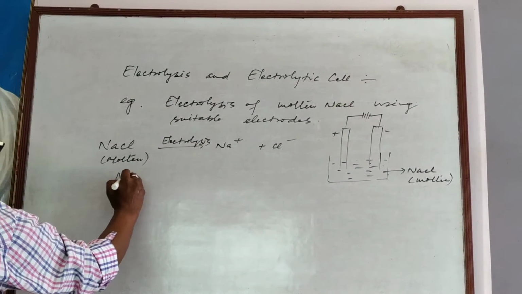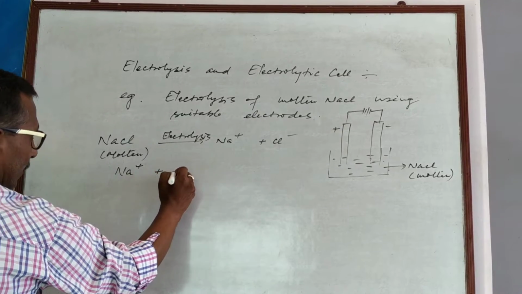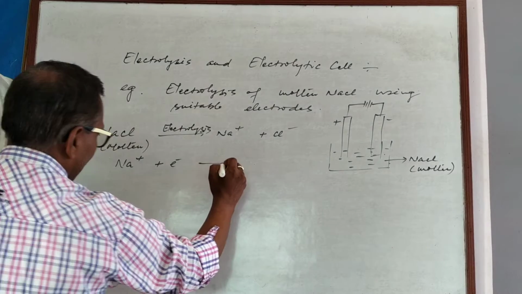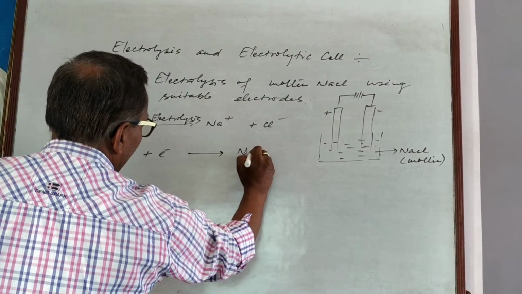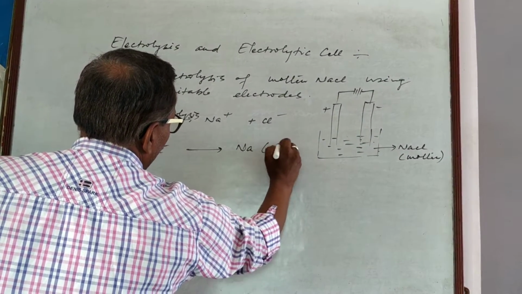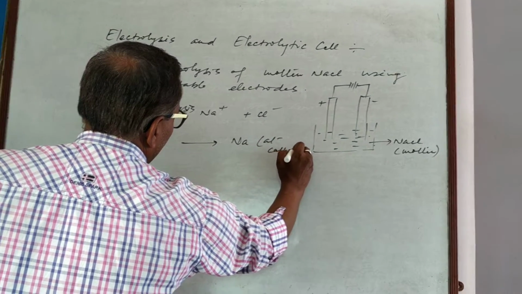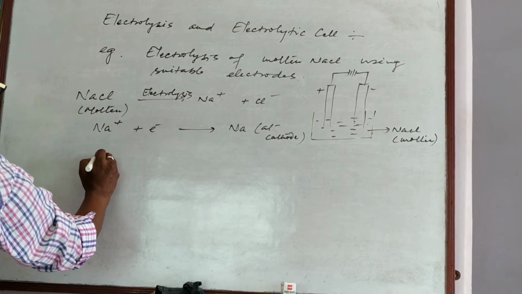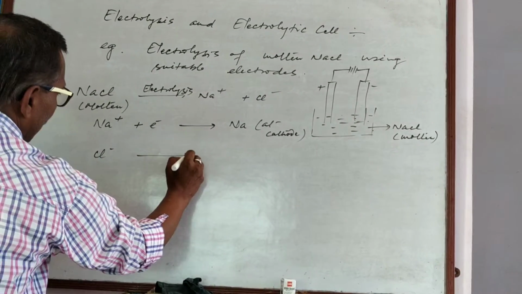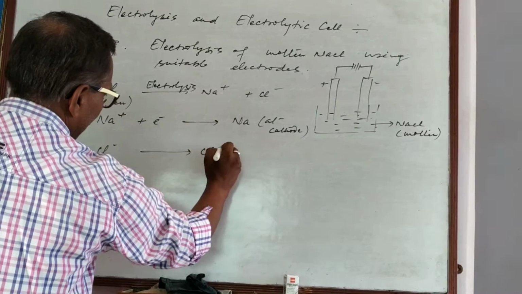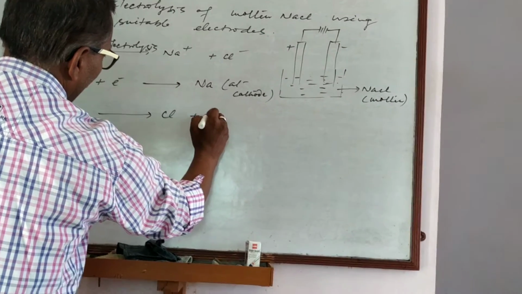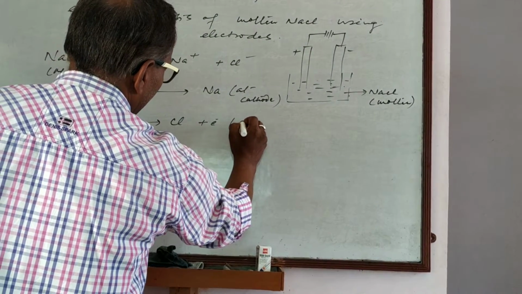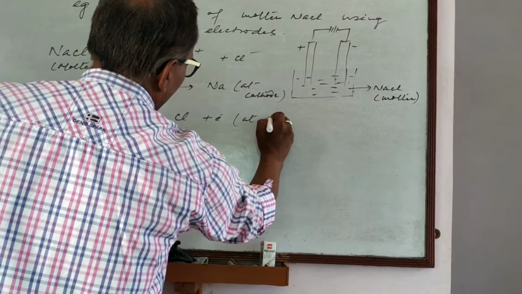Now Na+ moves towards the cathode by taking one electron at the cathode, and at the same time Cl− changes into Cl by losing one electron, and this is at the anode.